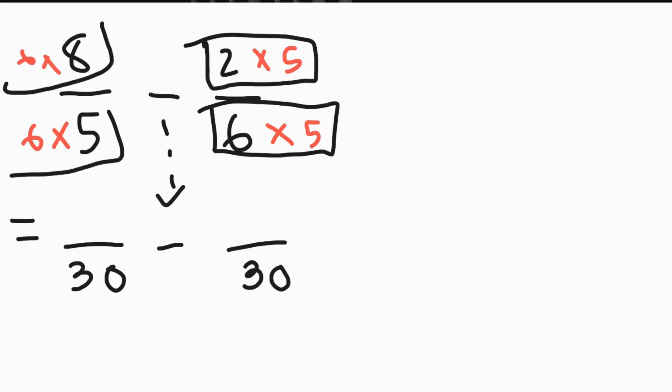You guys with me? Now we're going to head over to our numerator on the right hand side, and we're going to say 8 times 6, and that's going to give you 48. And then we're going to go on the right hand side 2 times 5, and that's going to give you 10.